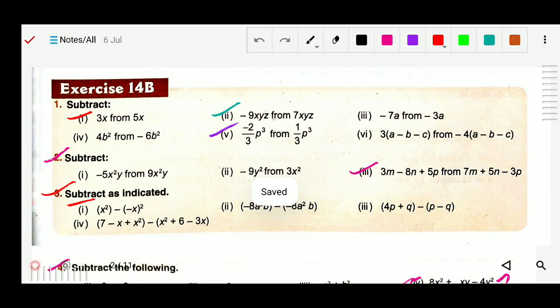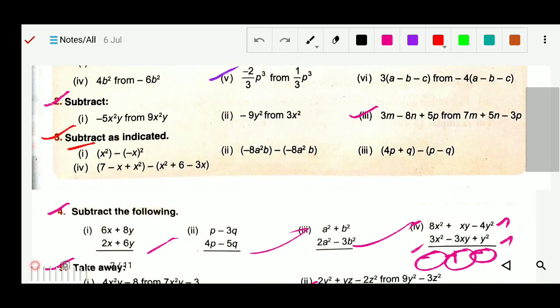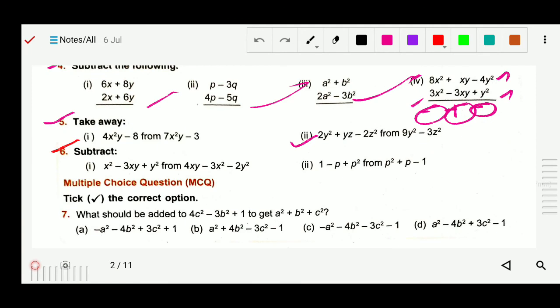Now you can see the next question, question number 6. You can do it by yourself. It is the same as question number 5. You have to arrange the y terms, 3x square and 4xyz. Then below this, you write the x terms, x square terms, and 3xy. Similarly, in this question you have to write p square, p and 1.